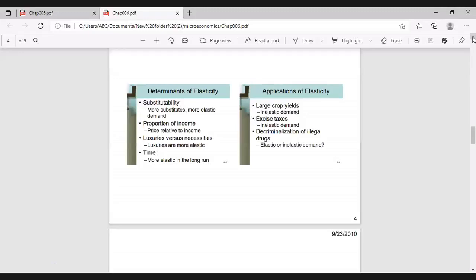We will buy more chicken because mutton becomes relatively expensive and chicken becomes relatively cheap. So we always substitute the relatively cheap product for the relatively expensive one.